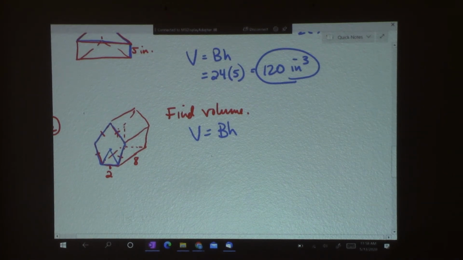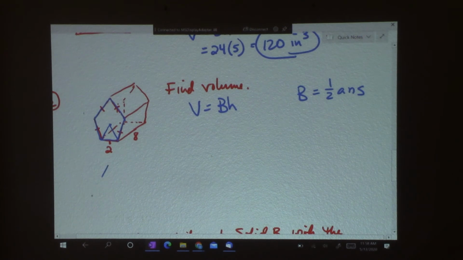Okay. So the base area is going to be 1/2 A N S. Remember that formula? So I need the apothem. The only thing I have here, I'm going to redraw this out here. The only thing I have here is the 2. I don't have degrees. I don't have another length. So that means that each of these are 1, right?